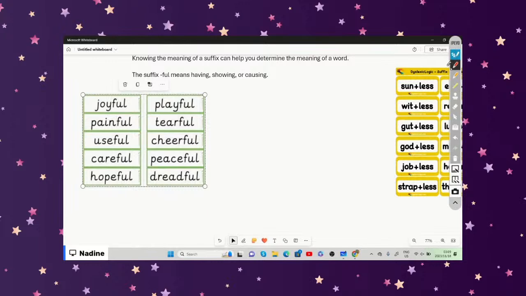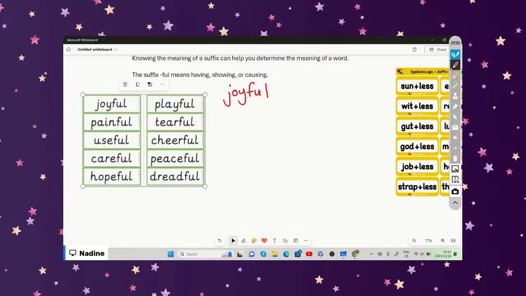We have joyful, playful, painful, tearful, useful, cheerful, careful, peaceful, hopeful, dreadful. So let's get to the word joyful.